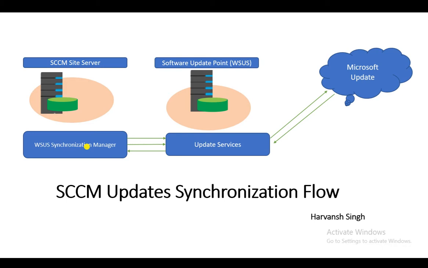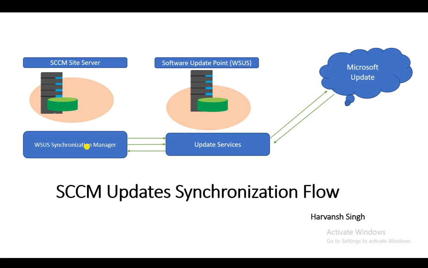So this is the scenario where we have one WSUS and we don't have multiple WSUS. But let me explain if you have more than one WSUS, like two or three. If you are using an infra where two or three WSUS are involved, you need to use the concept of upstream and downstream.